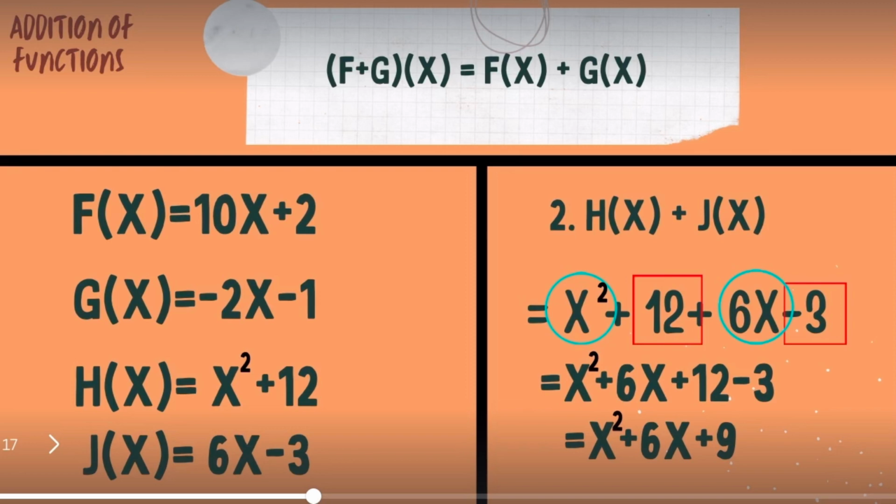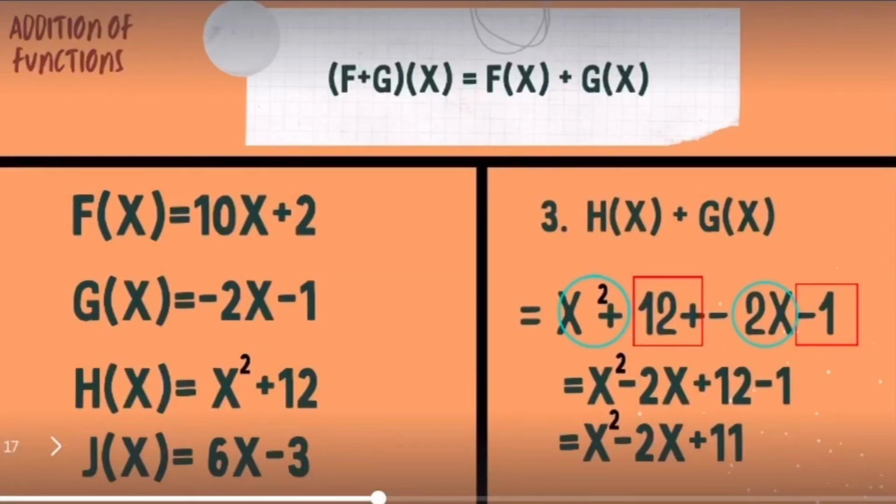After that, we are just going to copy the x squared and add the constants: positive 12 minus 3 is equal to positive 9. So h of x plus j of x is equal to x squared plus 6x plus 9. Okay, next example.